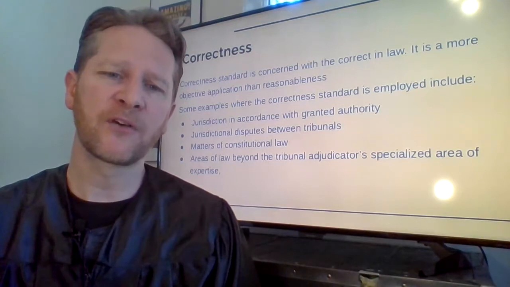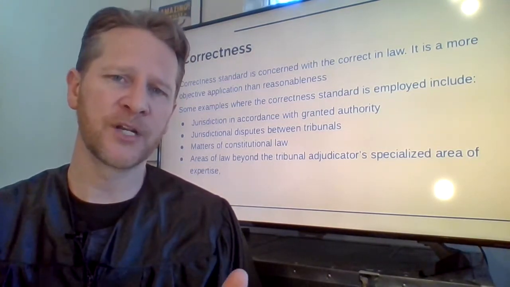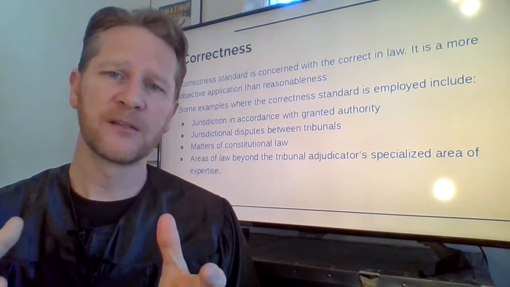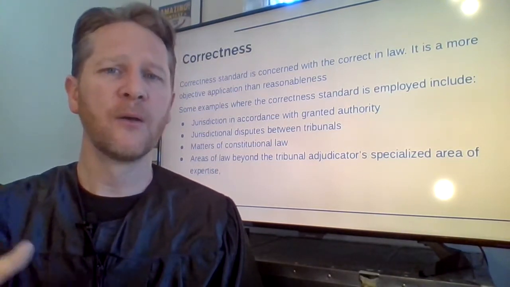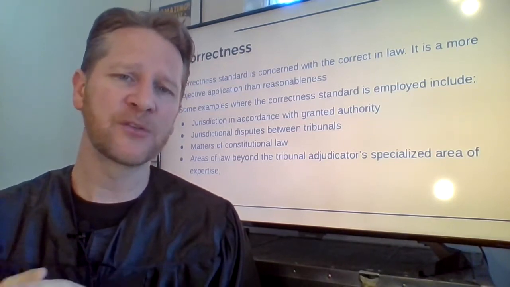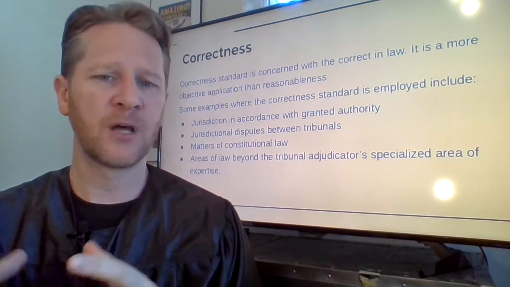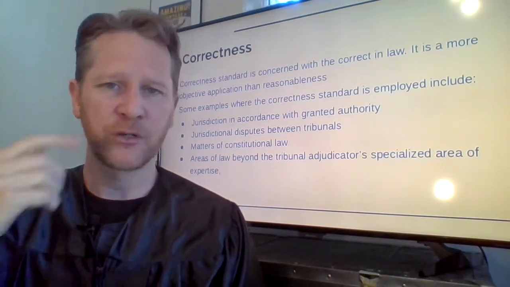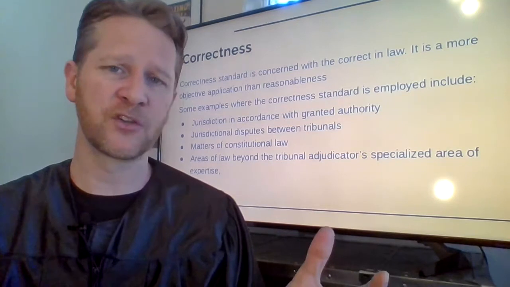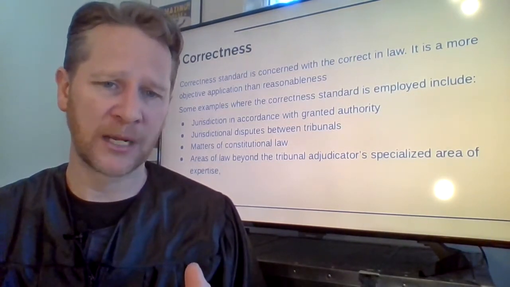Because if it's a matter of constitutional law, this is something that will have to fall outside of an administrative tribunal, which is not steeped in constitutional law, and be sent to a federal court that is. So that makes sort of sense, right? So if we're looking at what is the correct standard and it's a constitutional law issue, depending on what section you're looking at, you may say, okay, this is well outside the scope of the administrative tribunal, or in trying to apply it, they have not done so correctly.